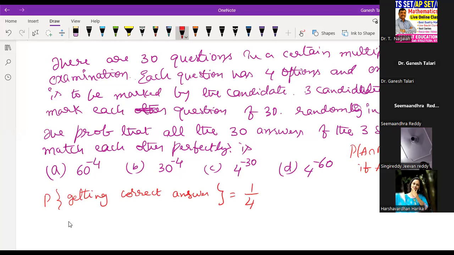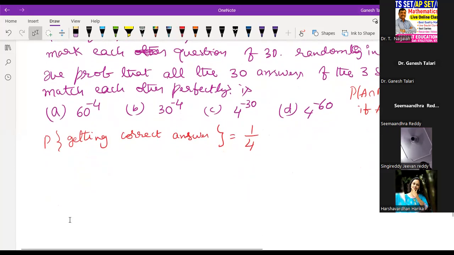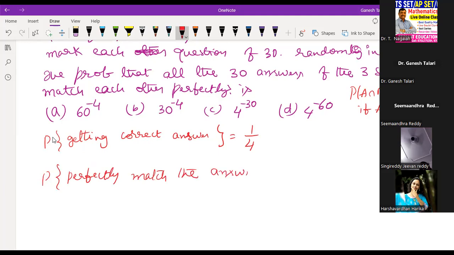Each question, 4 options. So we have to find out the probability of perfectly match the answer. This is what we are going to find out.